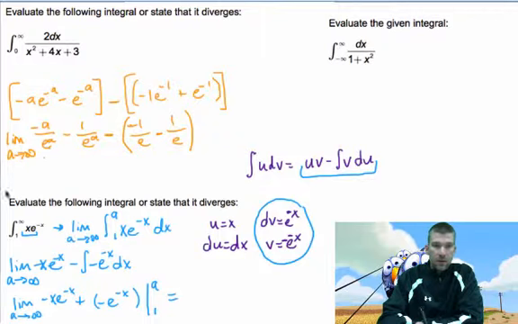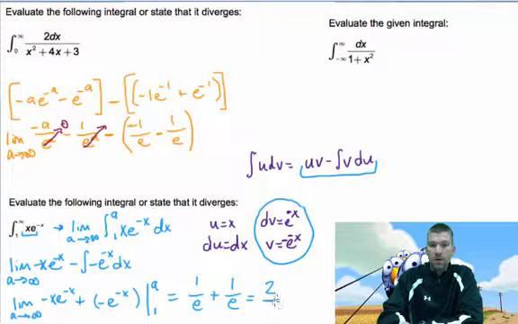So this one goes to 0, and this one also goes to 0, which just leaves us with these two constants over here. So what I end up with is 1 over e plus 1 over e, which is equal to 2 over e. That's my whole limit.